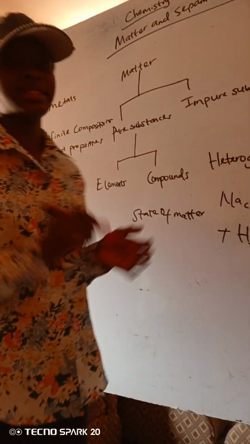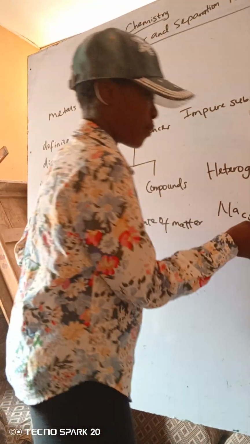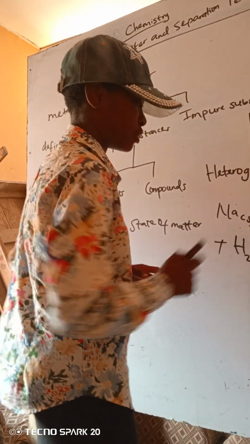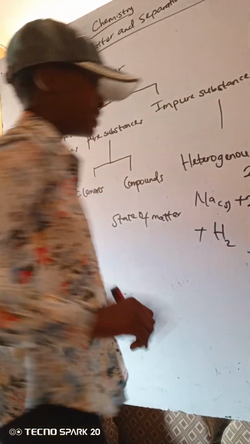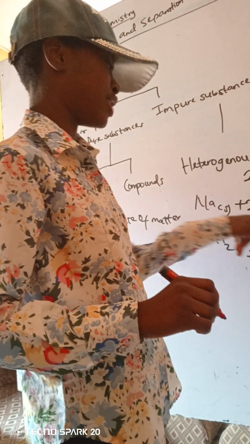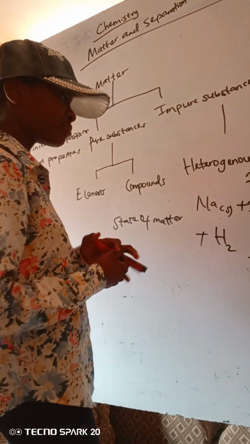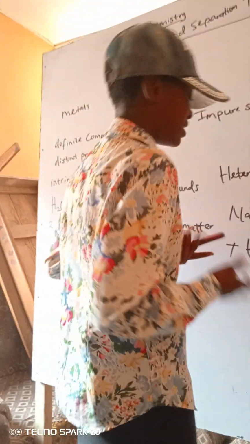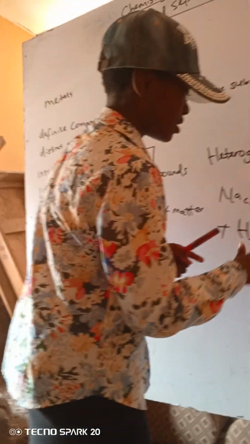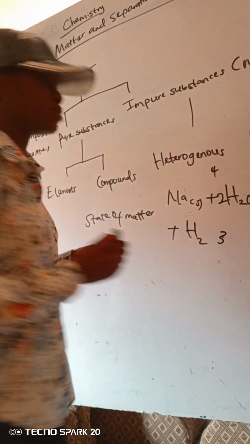We have to balance it. And how do we balance it? Here we have 2 atoms of hydrogen, here we have 3 atoms of hydrogen. We have to introduce 2 here, and that makes it 4 atoms of hydrogen when we say 2 times 2. Since we have 4 atoms of hydrogen here and 3 here, it's still not balanced.